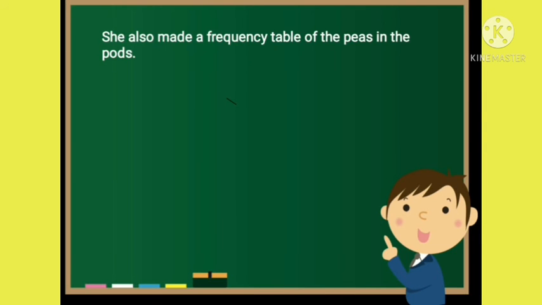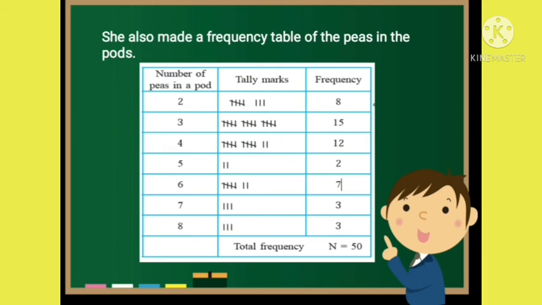She also made a frequency table of the peas in the pods. Let us see the frequency table here. The first column is number of peas in a pod. She has written how many peas a single pod is having in each column.